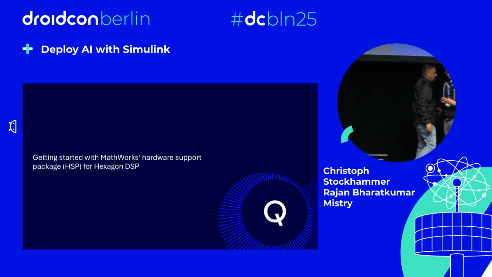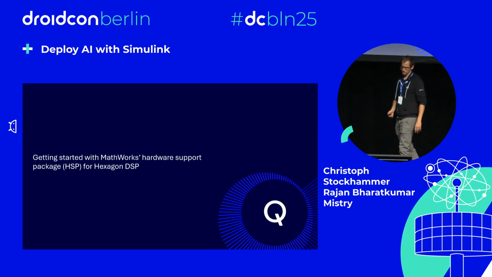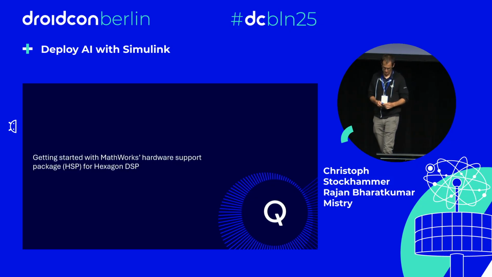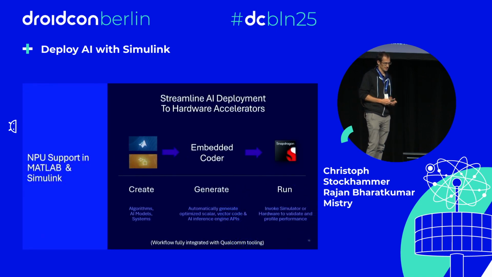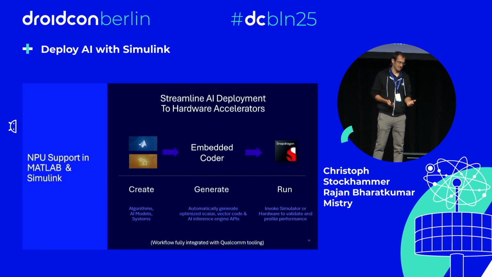Yeah, thanks, Rajan. So I'd like to introduce one artifact of this collaboration between MathWorks and Qualcomm, which is the hardware support package for Hexagon DSP. So what is this about? The idea is to be able to design your algorithms at a high abstraction level in MATLAB or mostly Simulink. Like you design your system, your model, we're going to see examples of that.